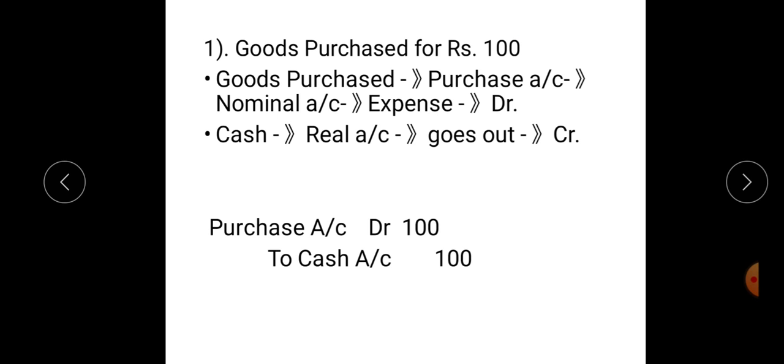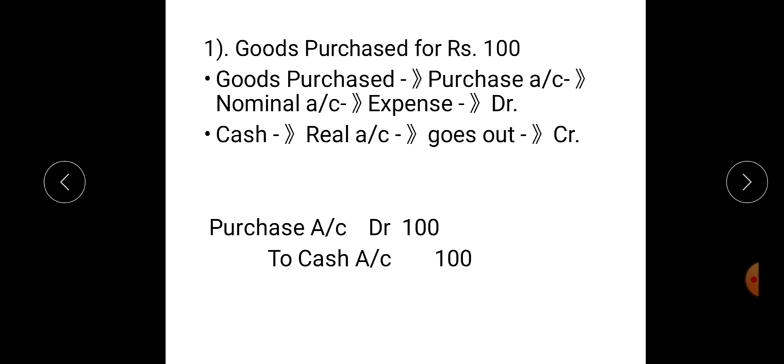So, how will you find out whether it is a cash or credit transaction? Remember, when in a transaction nothing is given, no word cash, no name, nothing, then we are going to treat it as a cash transaction.